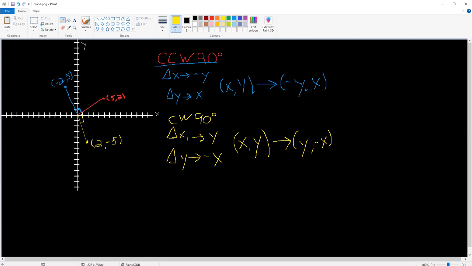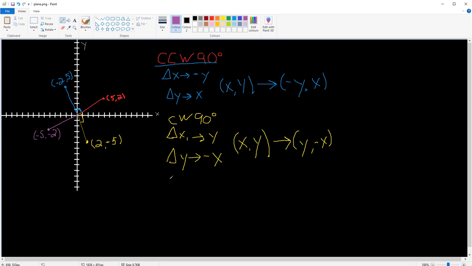Okay, and then we have a 180-degree rotation. That's going to be straight back to (-5, -2), right?